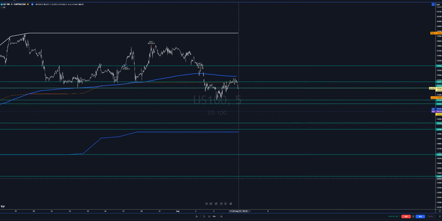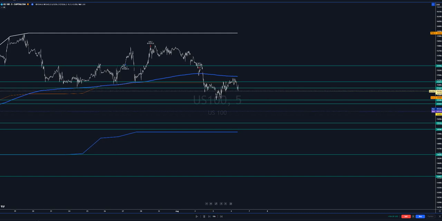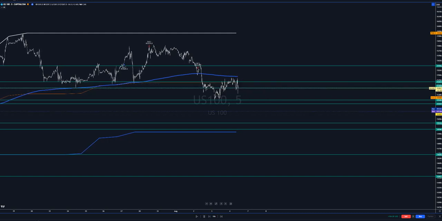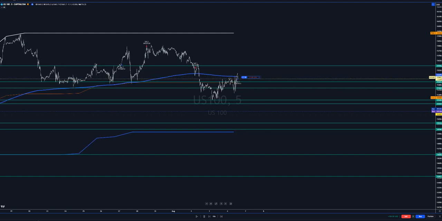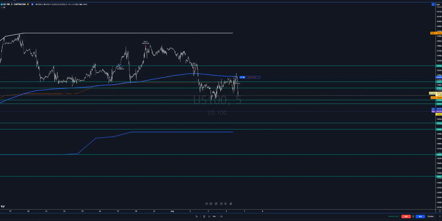So let's do it now with the price above the EMA, and we just generate buy. Now this is our first buy.